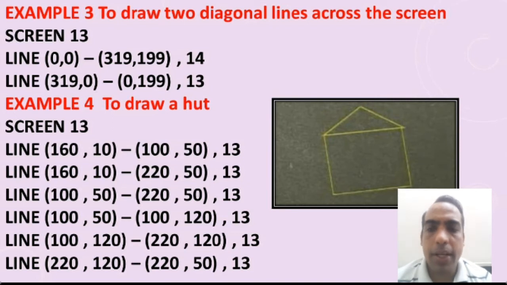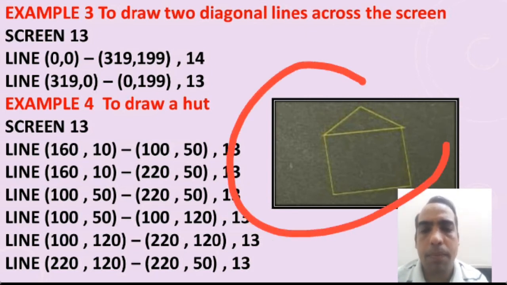The second line statement is line 319, 0 dash 0, 199, 13. Now the fourth example of the line statement, to draw a heart. Screen 13, after that we have to write 6 line statements because a heart is made up of 6 lines. Now you can see the result of this program.